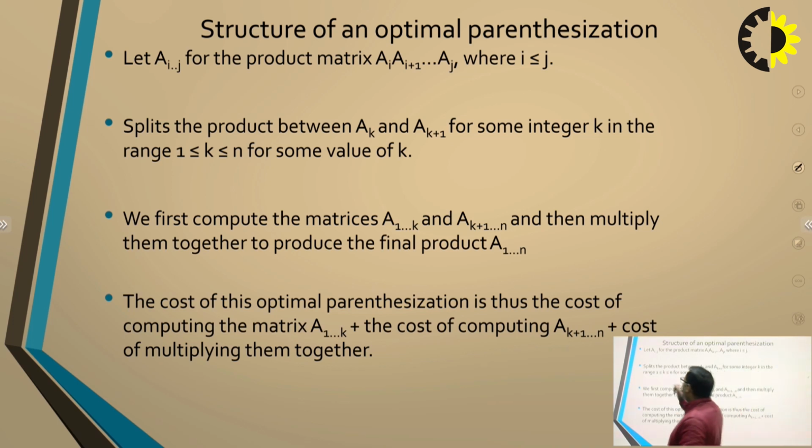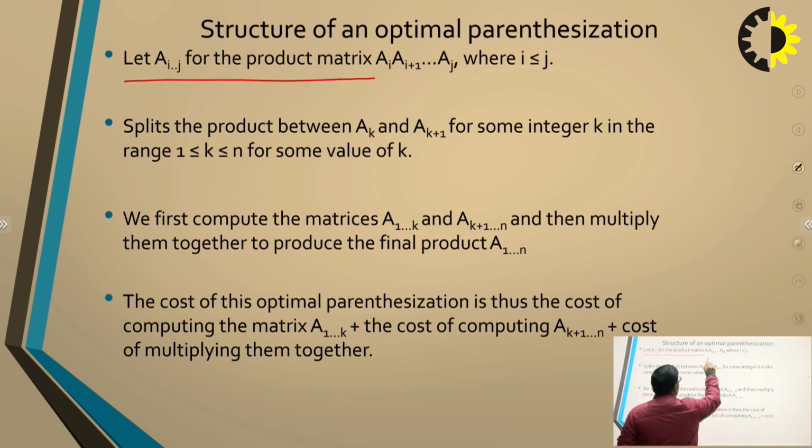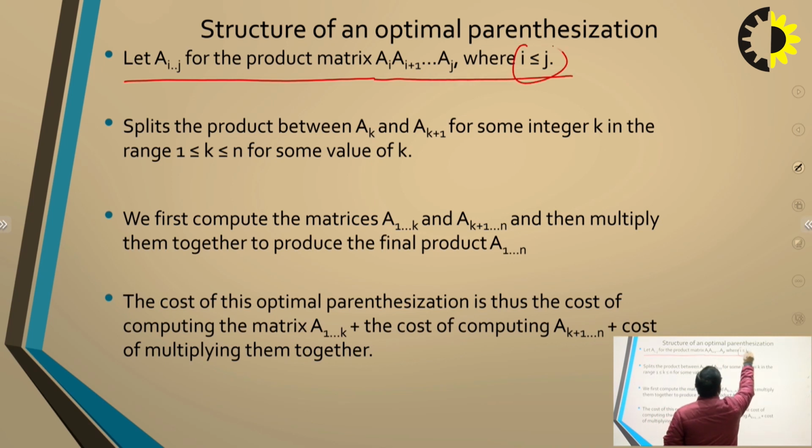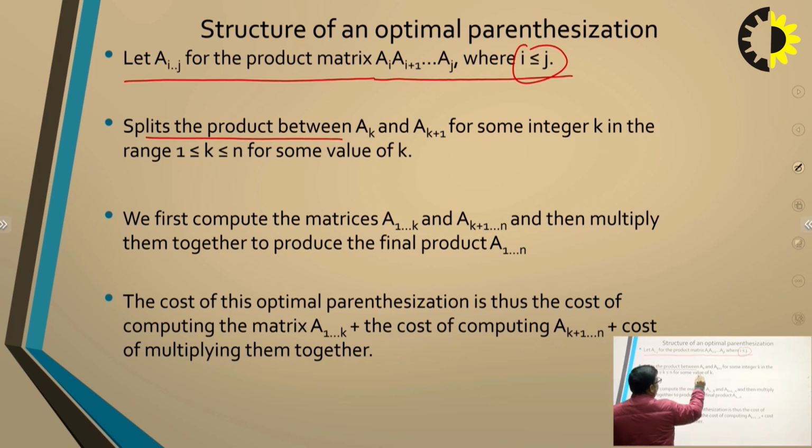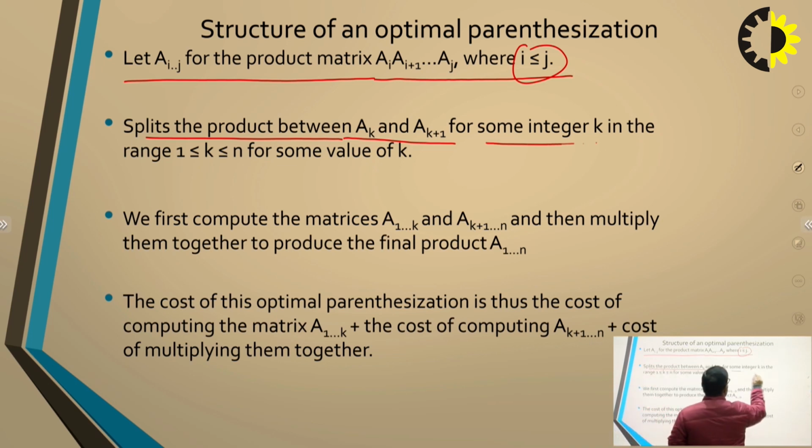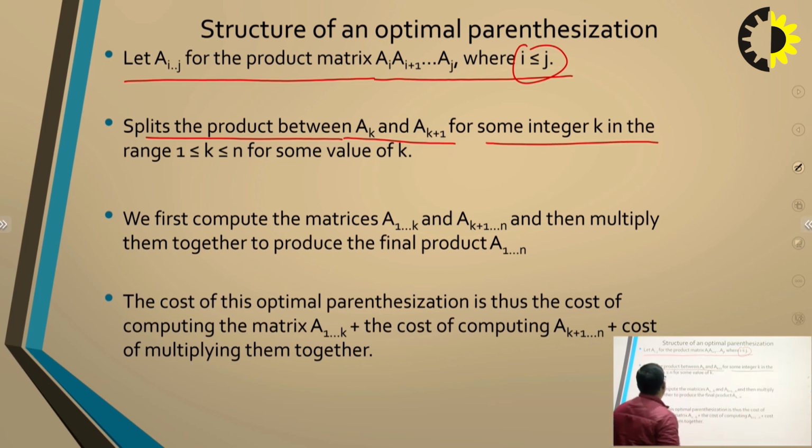Let Ai to j be the product matrix Ai to Ai plus 1, then Aj, where i is less than or equal to j. This will split the product between Ak and Ak plus 1 for some integer k in the range 1 to n.